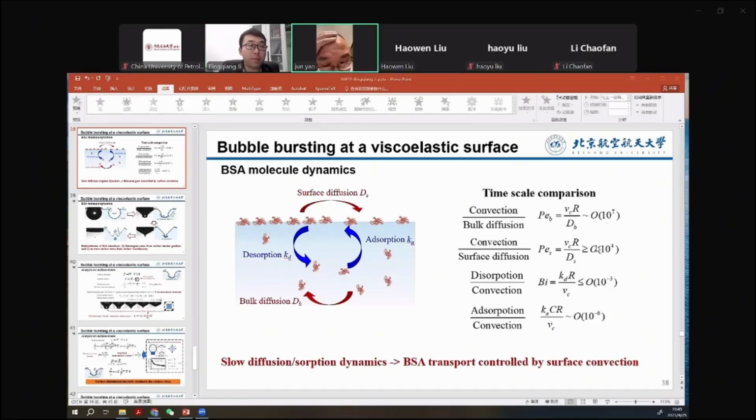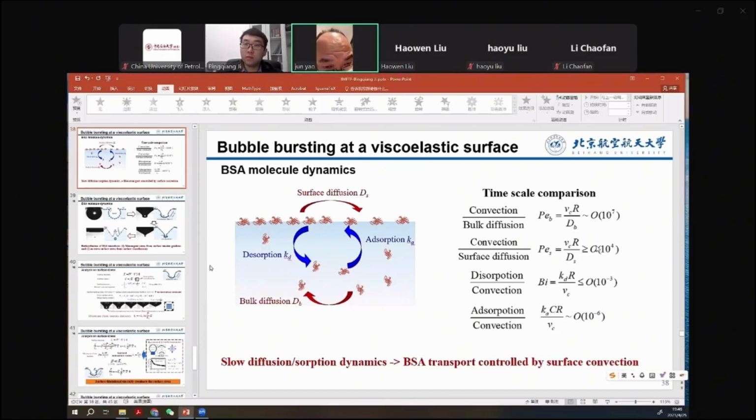Because I'm not working in this area, I'm not very familiar with this. For clean bubbles and contaminated bubbles, it is possible to provide an indicator to describe the properties, because the content of these bubbles is different. Then maybe it will affect the bubble's shape or moving or behavior. This is my wondering question.